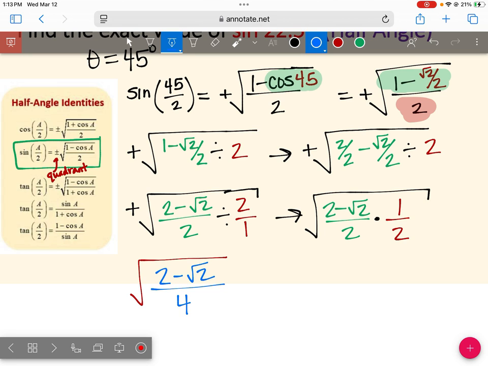Okay, so we're taking the square root of a fraction. And when you square root a fraction, the numerator and denominator are separate. Okay. So I'm going to rewrite this one more time. And this time, I'm going to put a square root on the top and a square root on the bottom.